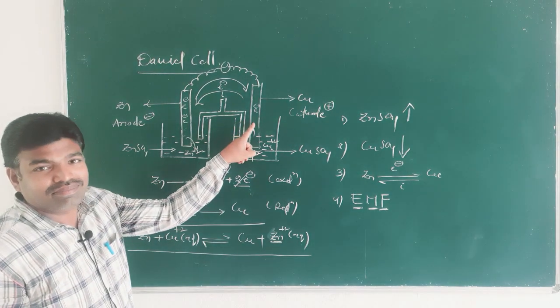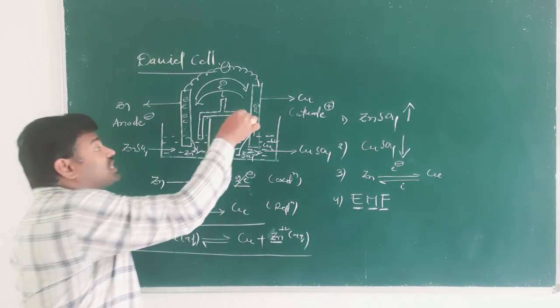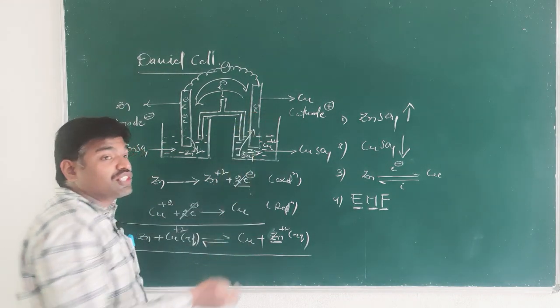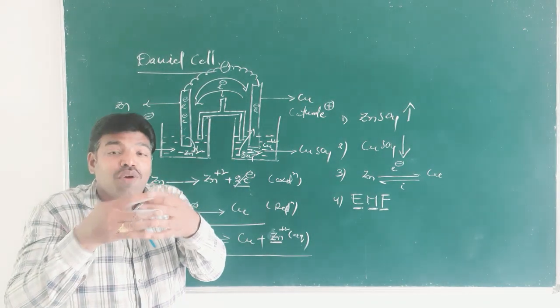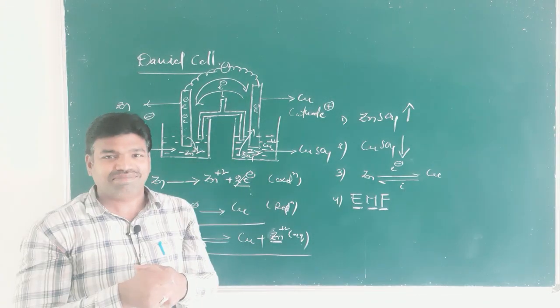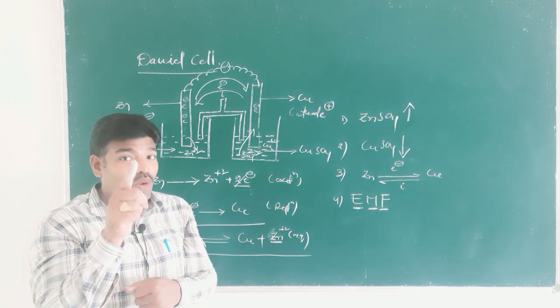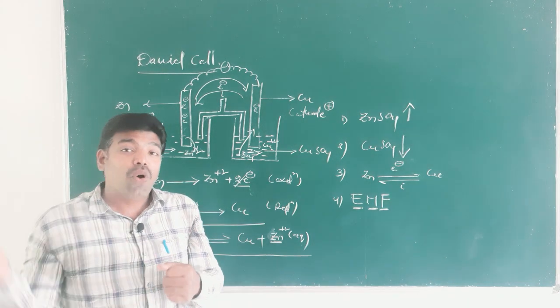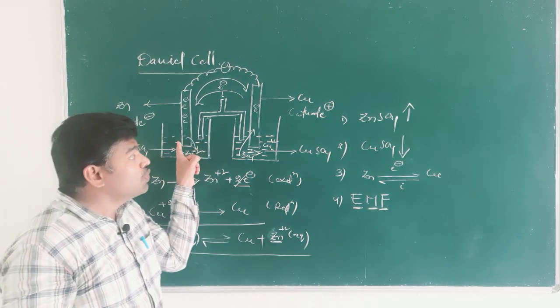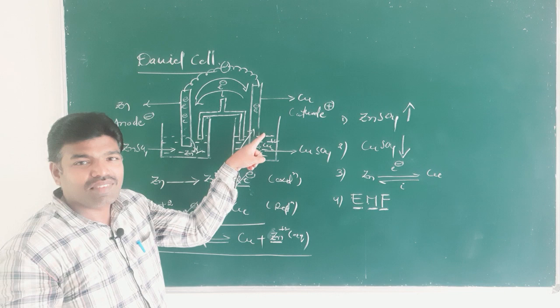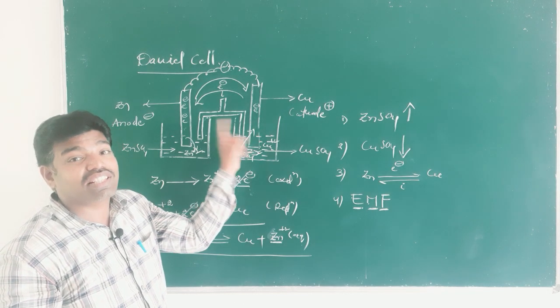is there, because this electrode acquires positive charge. More positive charge means more potential, right? That's why electrons move towards the higher potential electrode, that is the copper electrode.